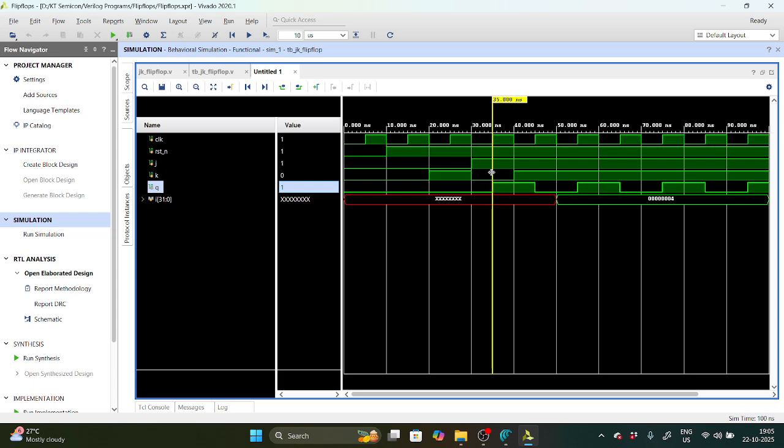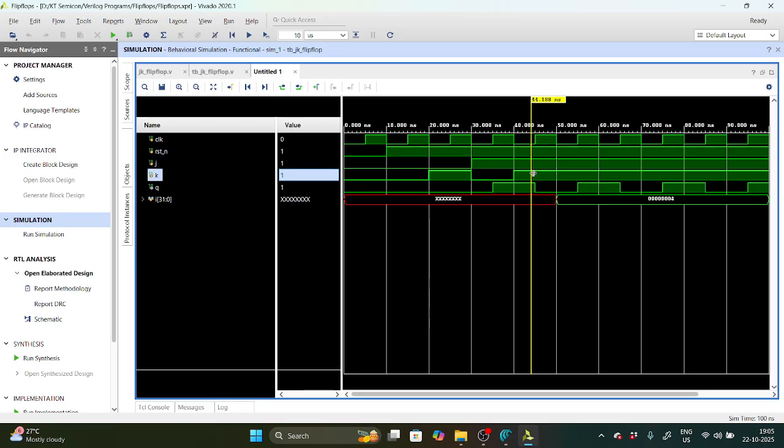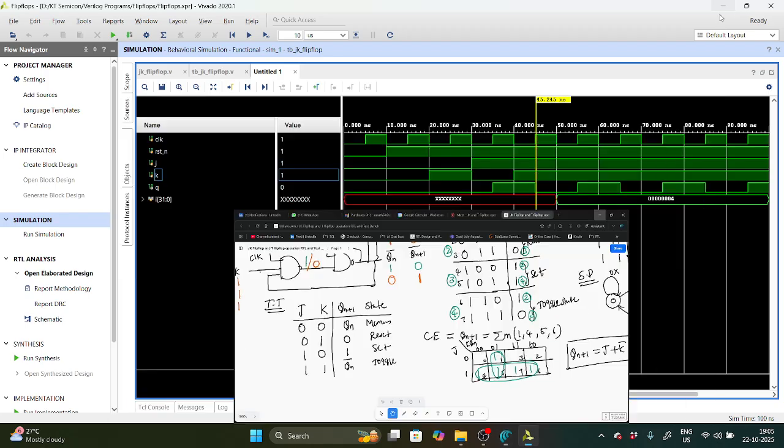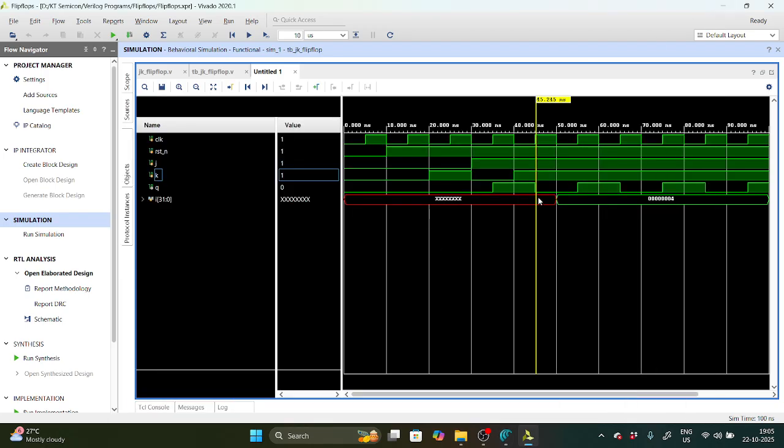Here during the passage of clock, J equals 1, K equals 0, which means set state.